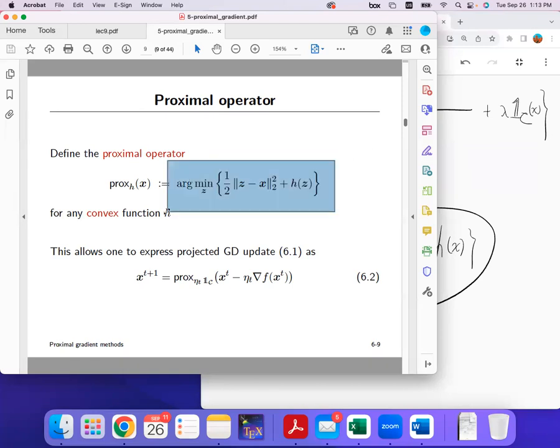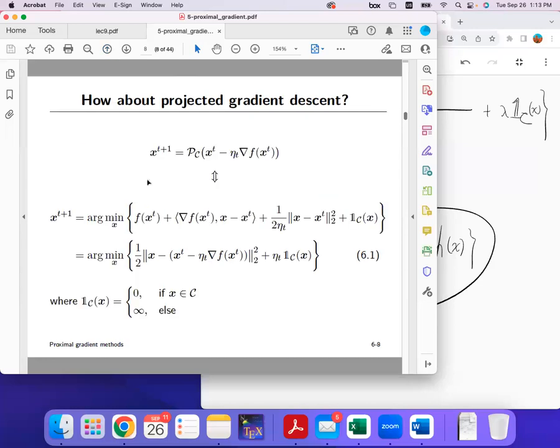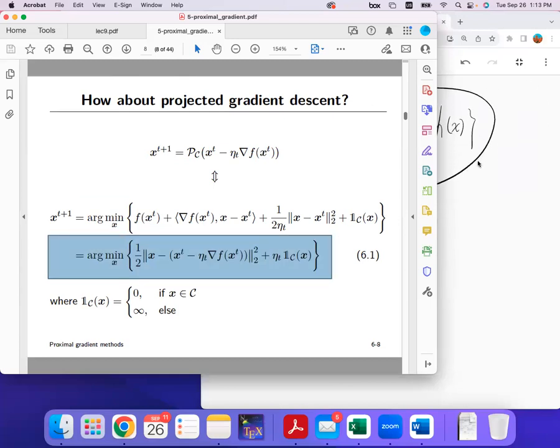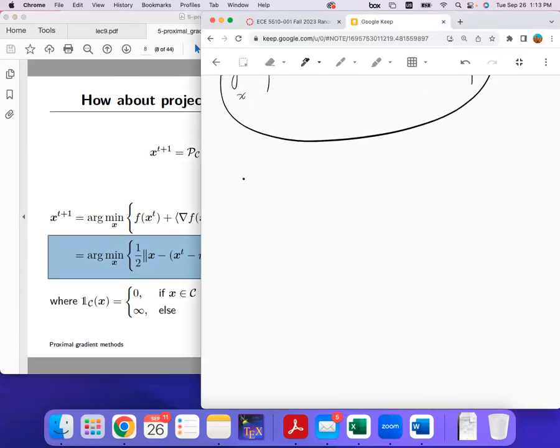Now, according to this definition, we can write projected gradient descent in the following form. This is projected gradient descent. So let me copy it here.